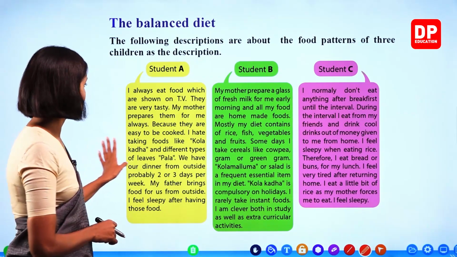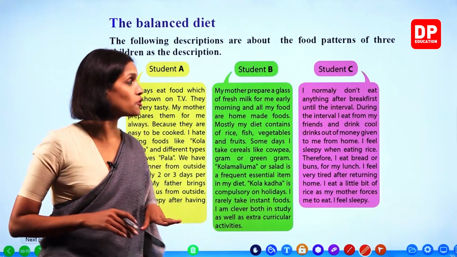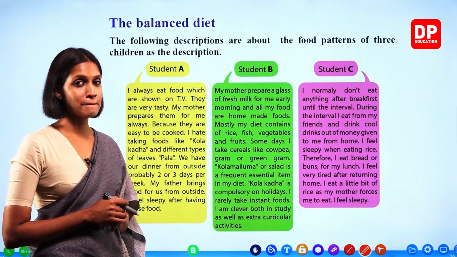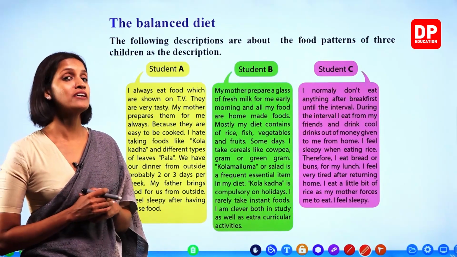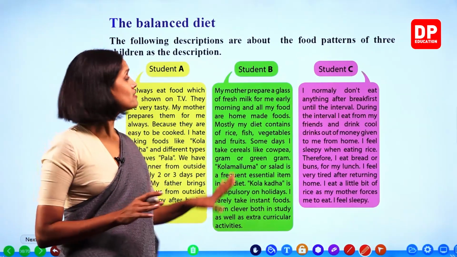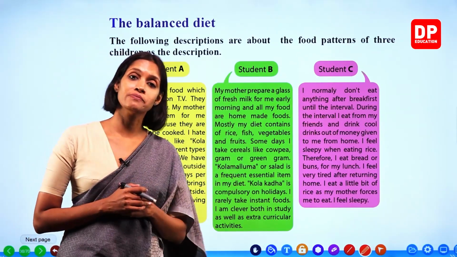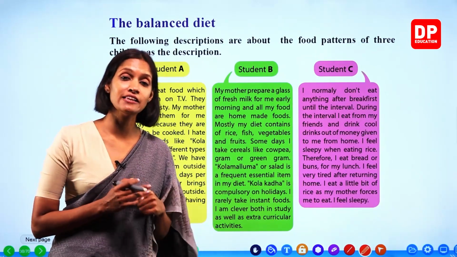So, when you consider these 3 children, I am sure some of you are like student A. Right? Like to always eat from outside. Don't like to eat homemade food. Some of you must be like student B. Right? Always stick to homemade food, healthy food.